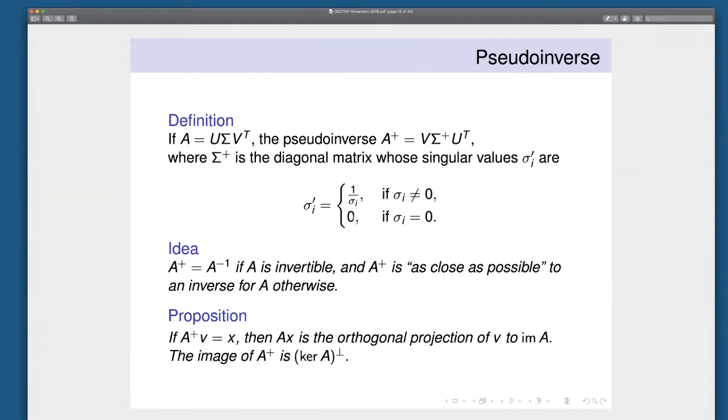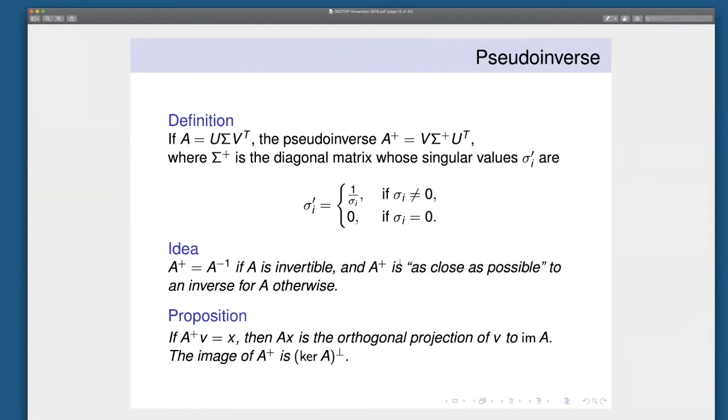And of course, if there was a 0 singular value, then the inverse matrix would not be defined. So A plus, the pseudo-inverse, is the inverse if it's invertible, and otherwise it's as close as possible to the inverse. So the use of the pseudo-inverse is it's a way to encode solutions of least squares problems.